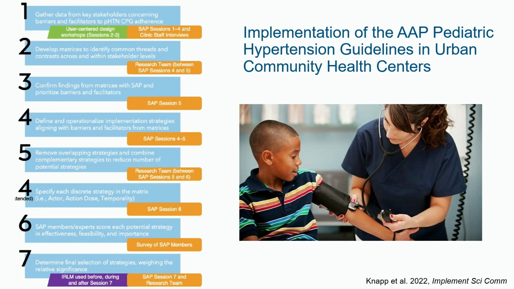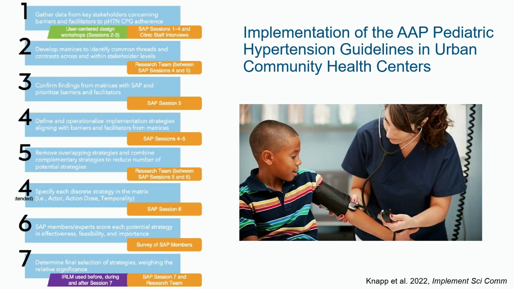We developed matrices to identify common threads and contrasts across and within stakeholder levels. Then we confirmed the findings from the matrices with our stakeholder panels and prioritized barriers and facilitators. The prioritization was basically doing our multivalent coding, where a more significant barrier versus maybe a smaller barrier, and then on the facilitator side as well.